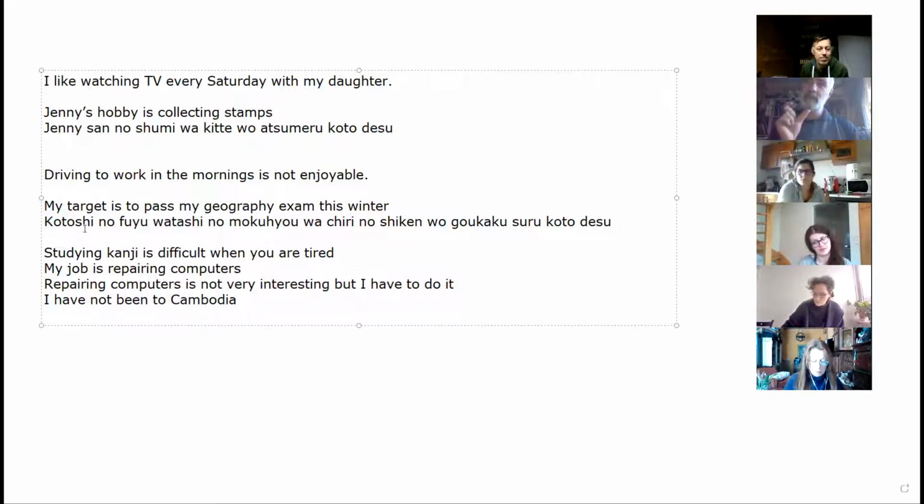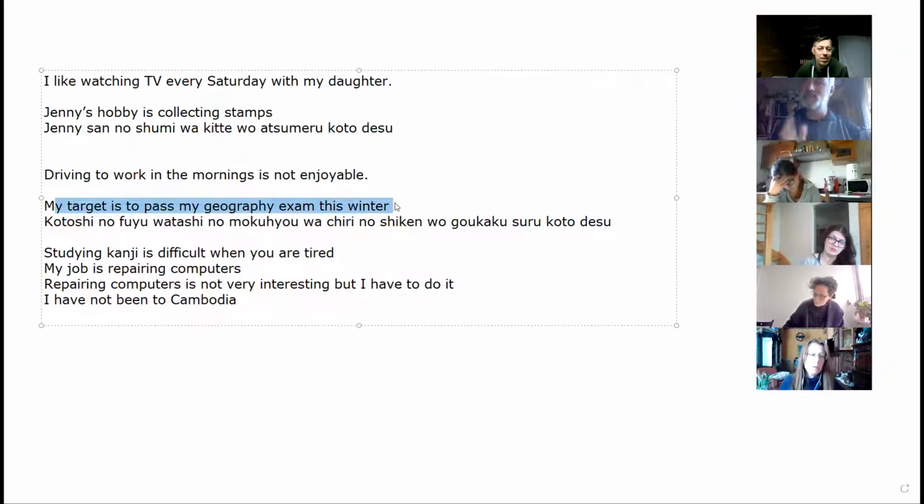So actually, this is in response to Tom's question. This is doing exactly what we said was happening earlier. This is saying my target this winter, or this winter's target for me, is passing my geography exam. Whereas it depends how you read the original English. It doesn't really make it clear.